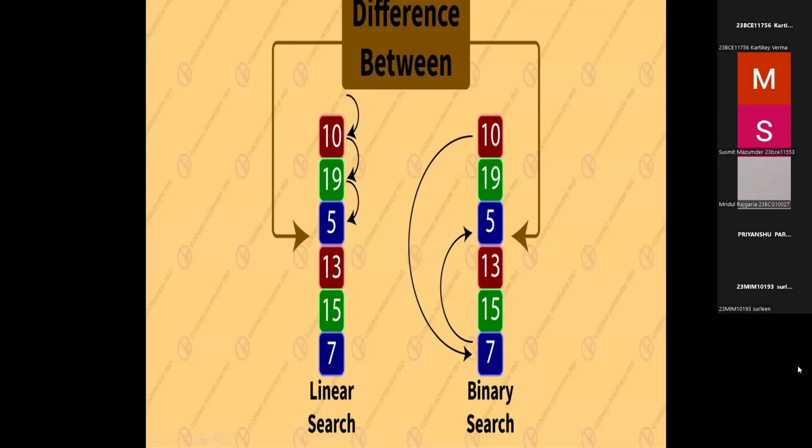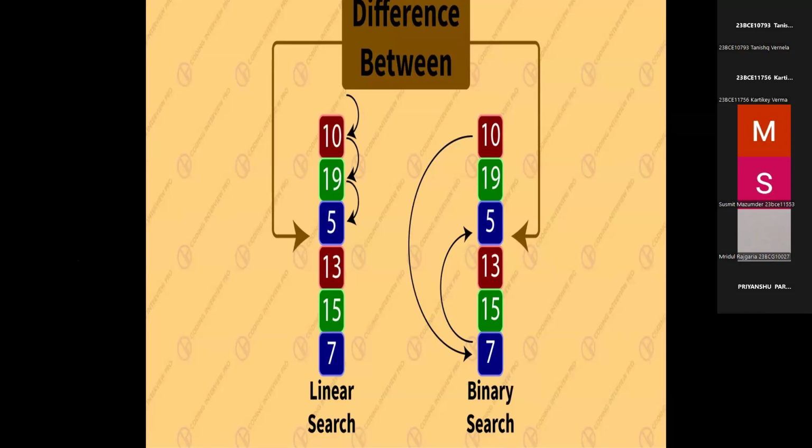Priyanshu, what we are seeing in the screen? Yes, ma'am. Screen is visible or not? Yes, ma'am. It's visible. Which topic you are seeing? Ma'am, is the difference between linear search and binary search?